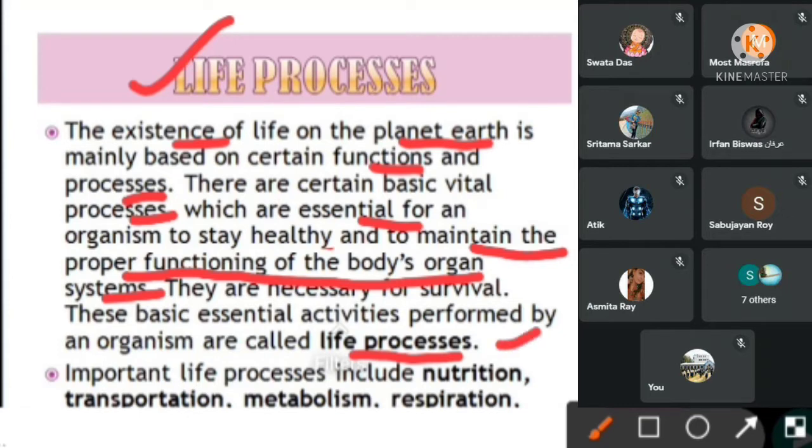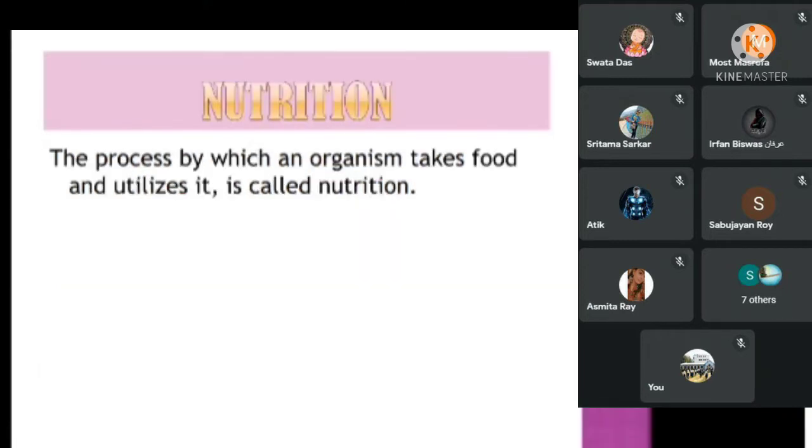Some important life processes include nutrition, transportation, metabolism and respiration. These are very important life processes for humans and also for animals, meaning all living organisms. Next we will see about nutrition. What is nutrition?